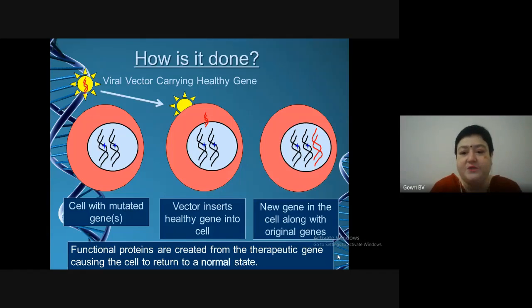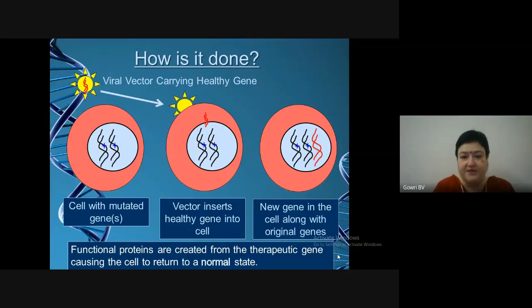And the third one, the first picture from the right, shows a new gene in the cell along with the original gene. So the cell already has a mutated gene, you are inserting a new gene, so automatically the new gene will start functioning. Functional proteins are created from the therapeutic gene, causing the cell to return to its normal state.